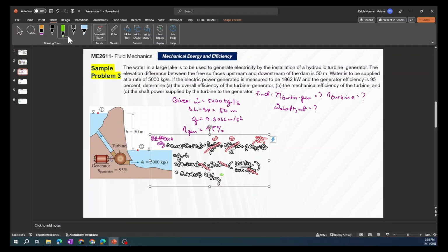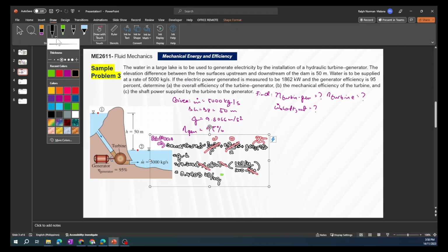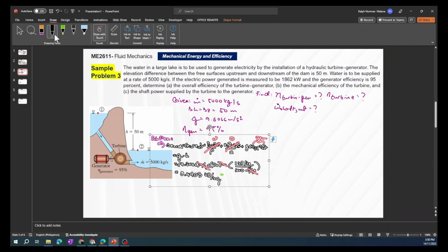So the next part for this is that now we can determine the mechanical energy that's being supplied to the turbine by the fluid and its overall efficiency. Recall that the equation for the overall mechanical efficiency of a turbine.